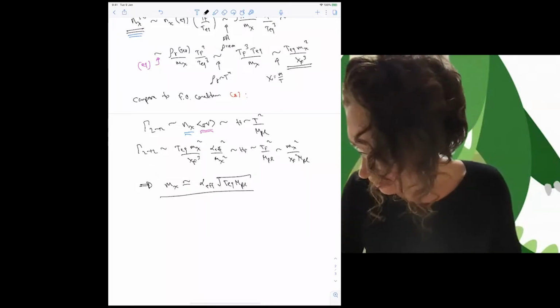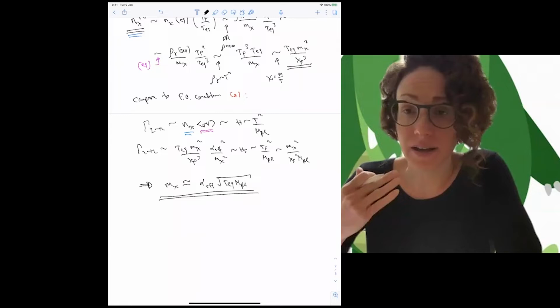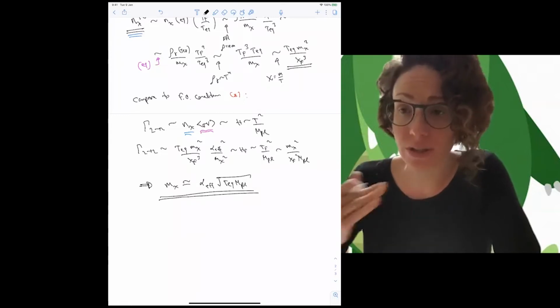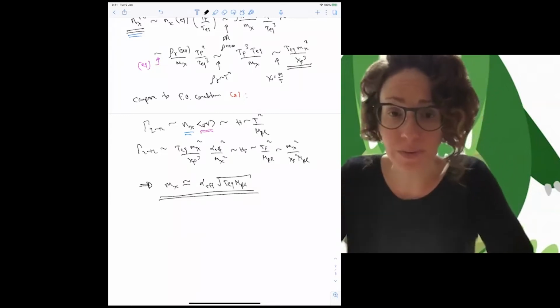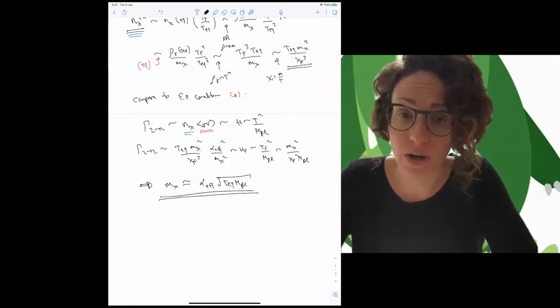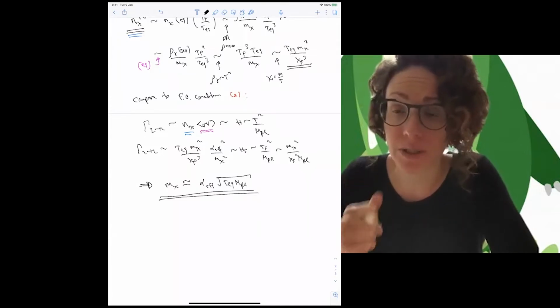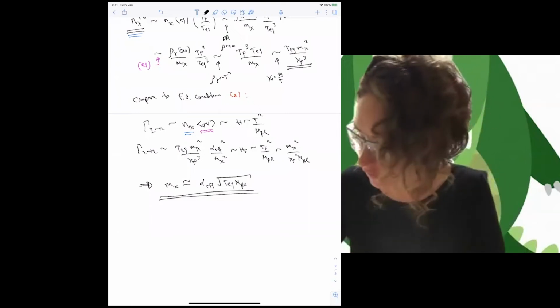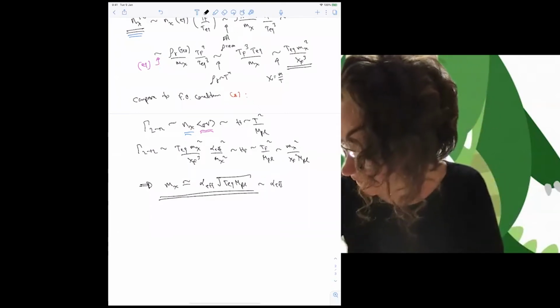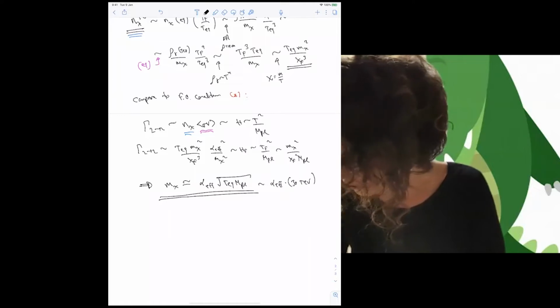So this is what we get for a 2-to-2 annihilation process of the WIMP, which is responsible for the relic abundance of dark matter. We get that the mass scales like the coupling times a geometric mean between T equality and m Planck. And if you plug in the numbers over here, what you get is alpha effective times around 30 TeV.